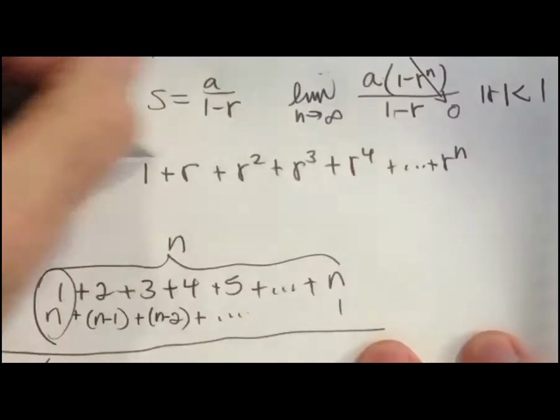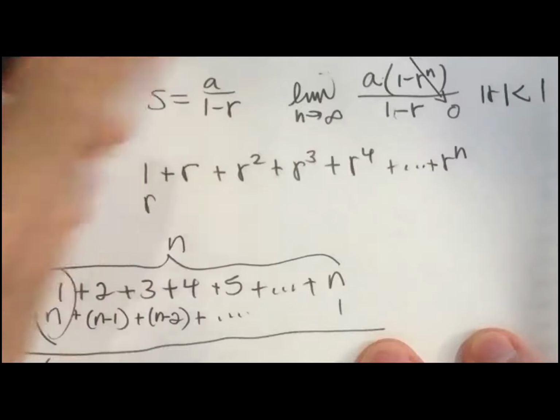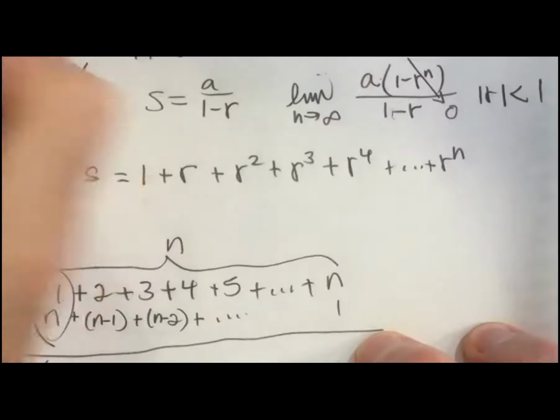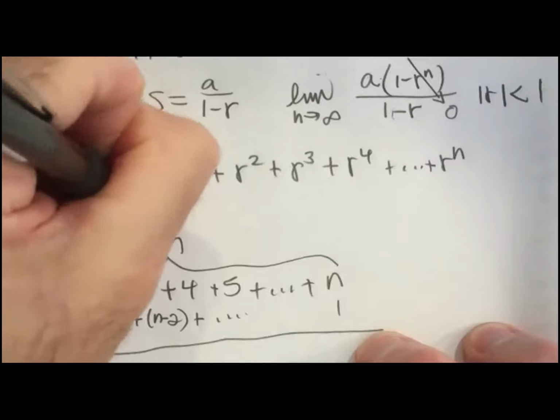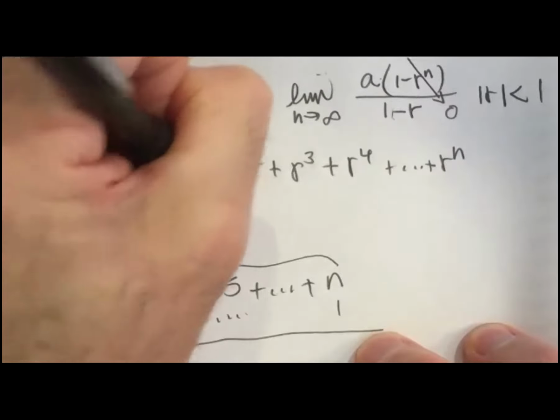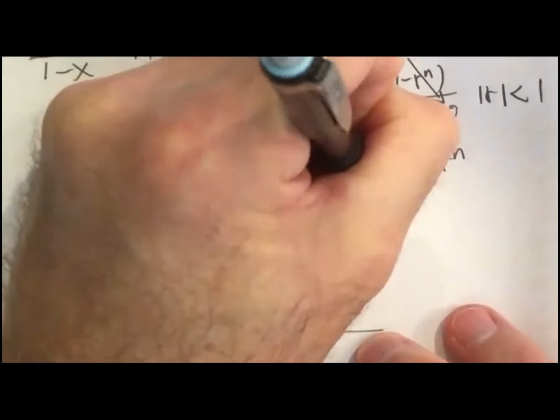Multiply the whole sum by r. I'm going to shift it over and write r plus r squared plus r cubed plus r to the 4th plus dot, dot, dot, plus r to the n plus r to the n plus 1.